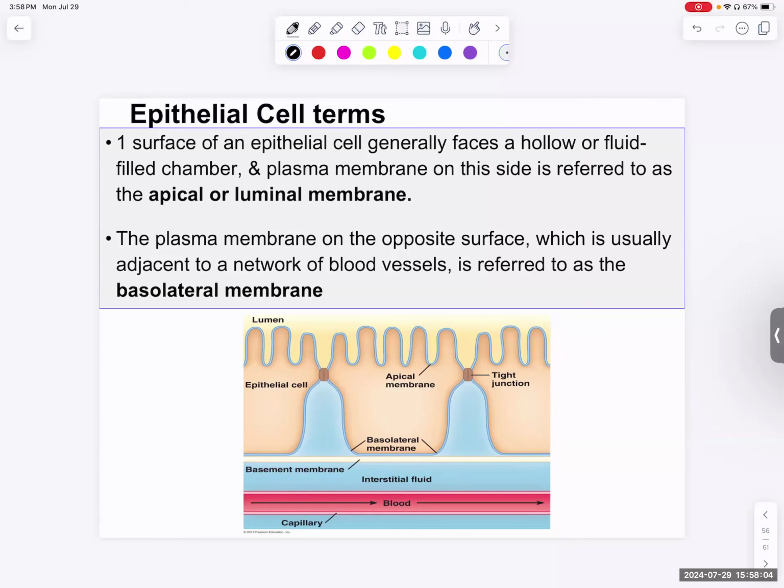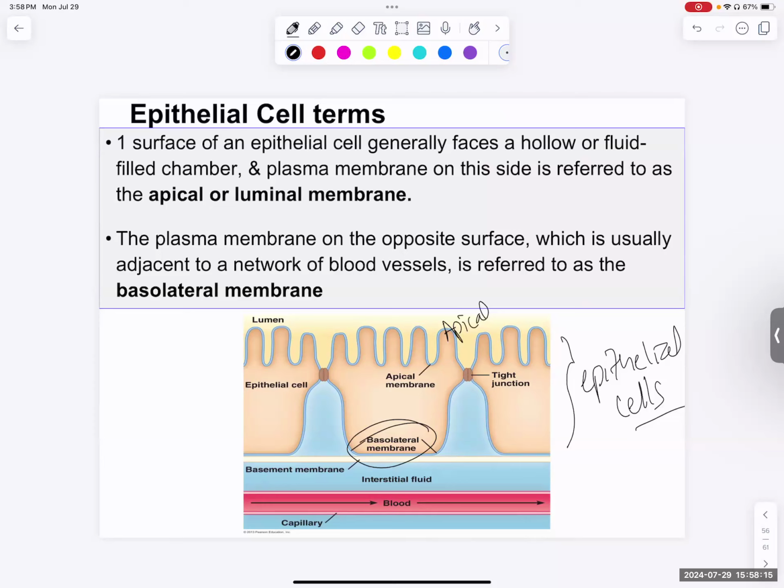Now, apical and lumen. When we talk about epithelium, hopefully you remembered epithelial cells from anatomy. There is a basolateral side and there is the apical side, which faces the outside or inside of a tube or lumen. And so this would be the apical side and then the basolateral side.